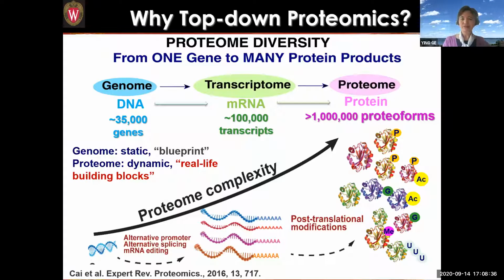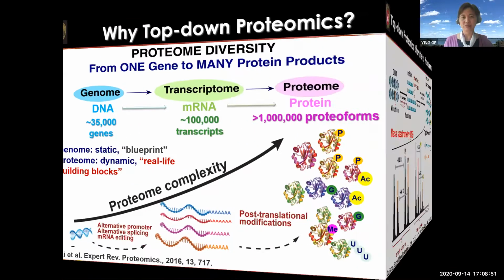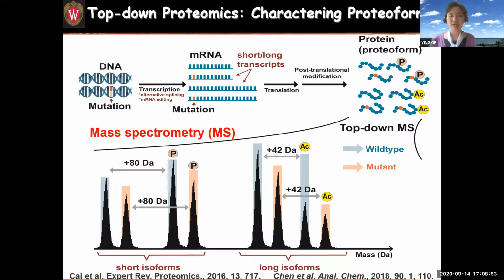But it is very difficult to study post-translational modifications by traditional biological techniques such as Western blot. Mass spectrometry is certainly one of the most powerful techniques to study post-translational modifications. And in the top-down approach, we analyze whole proteins, so we can show the post-translational modifications together with genetic mutations and alternative splicing isoforms.